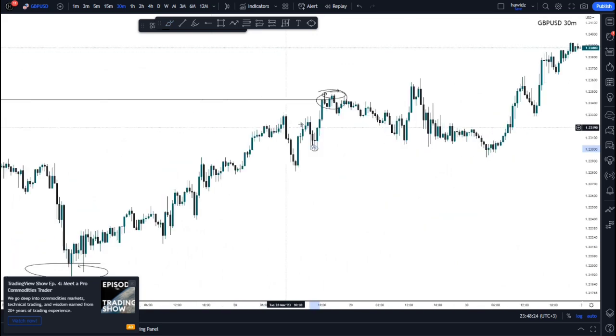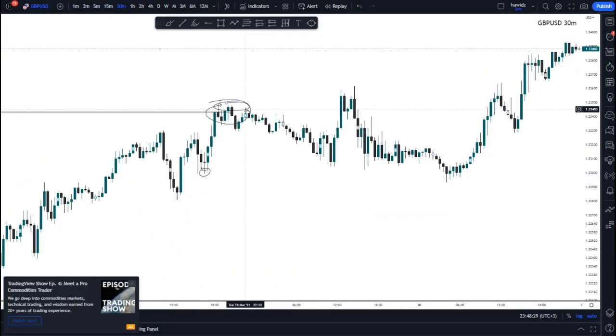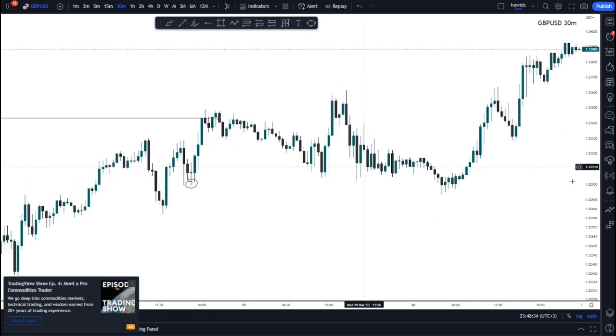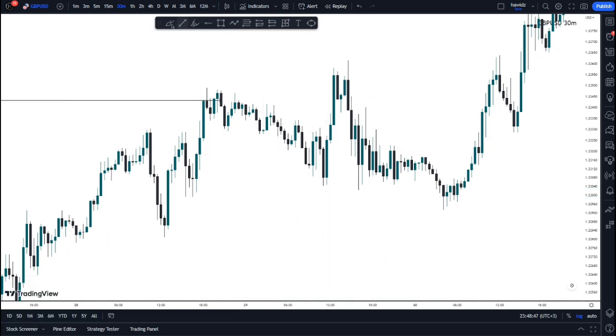Now, let me just remove these, and then we need to have a clear structural point, right? From there, if we look at what's happening in here, we had an intermediate bullish trend, of course.